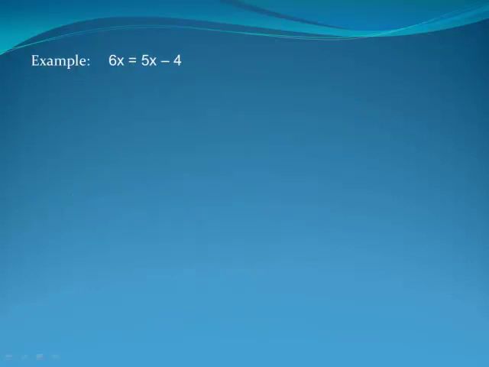All right, so now we have 6x equals 5x minus 4. This problem actually is quite a bit simpler than some of the previous ones we did. I'm going to choose to get my x's on the left, so I'm going to subtract the 5x term to remove it from the right-hand side.